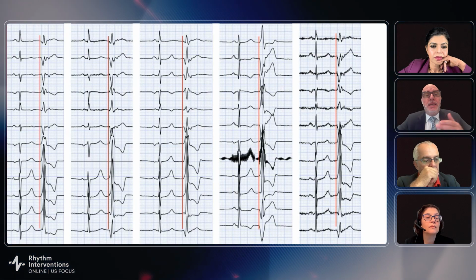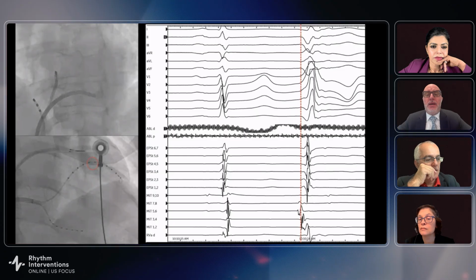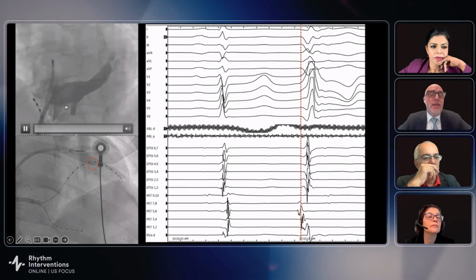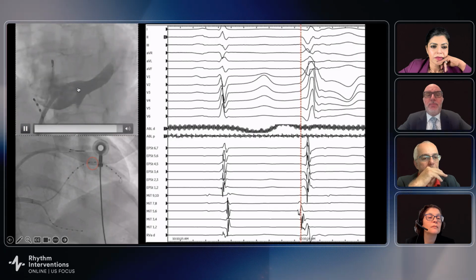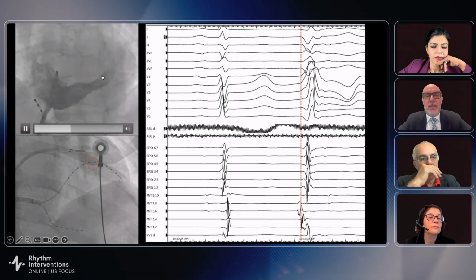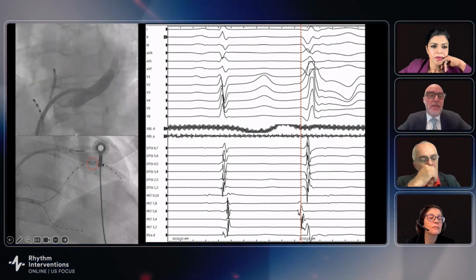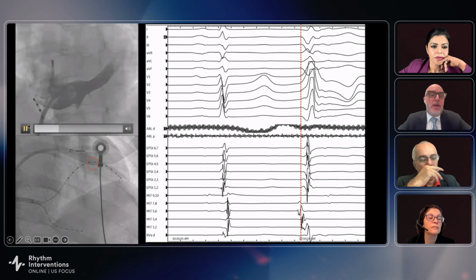So we decided, listen, based on this, it must be epicardial. Now I want to show you the first step of the second procedure. In this case, we performed venography, okay? I had tried to do this in the first case, but we went directly, and as I thought, this was not going to be close enough. But at the end, what I did is I placed a mapping catheter in this lateral branch on top.